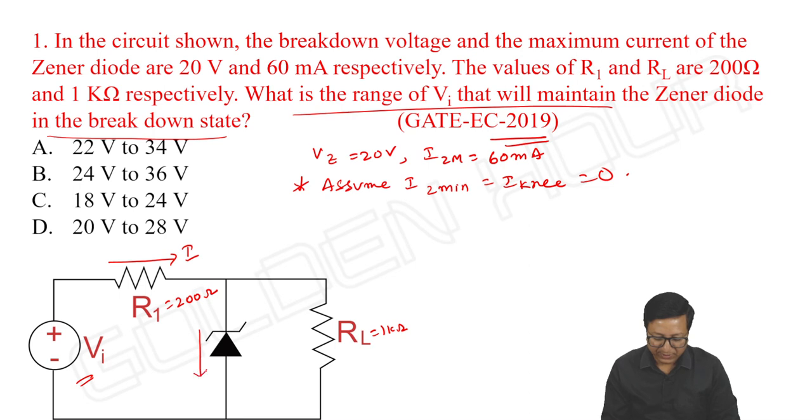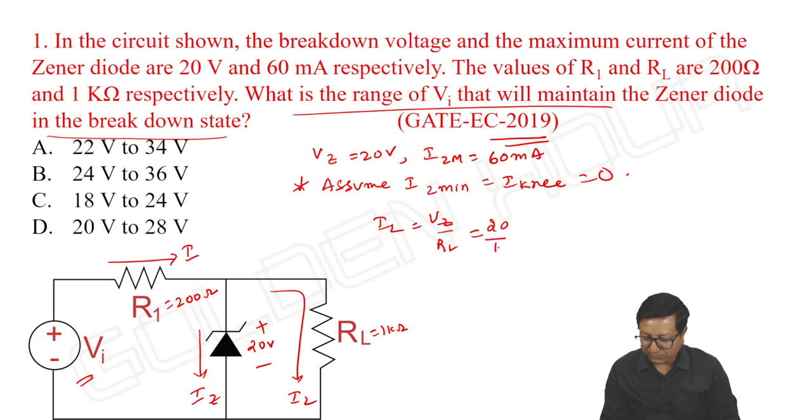This is I, Iz, IL. First let us calculate IL, that is Vz by RL. Vz is 20 volts, 20 by 1 kilo ohm, that is 20 milliamperes. Then what about I? I is equal to Iz plus IL. We know that.